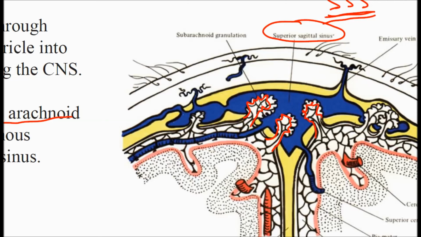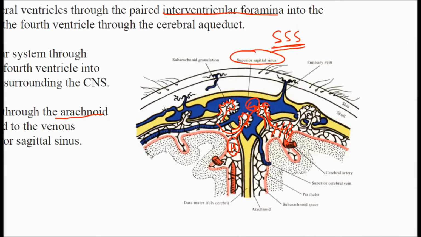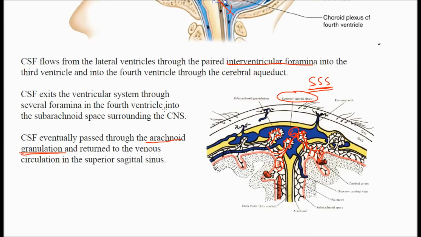Because the subarachnoid space is filled with cerebrospinal fluid and the pressure builds up high, versus low pressure in the superior sagittal sinus, these granulations act like a pressure valve. So from high to low pressure, the fluid automatically goes into the superior sagittal sinus and drains into the venous system, and that venous blood will eventually join the systemic blood circulation.